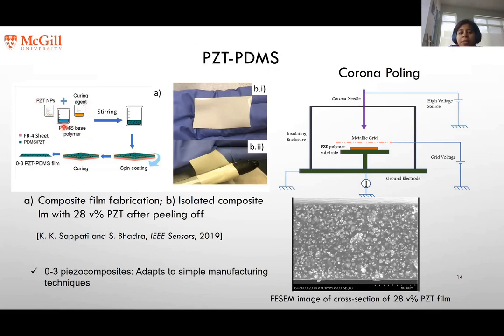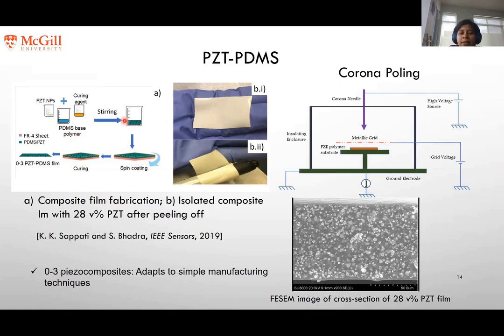First we mixed the PDMS-based polymer with the curing agent in a 10:1 ratio, and then we dispersed the PZT nanoparticles in the polymer matrix. And then we did pretty rigorous stirring for 30 minutes.